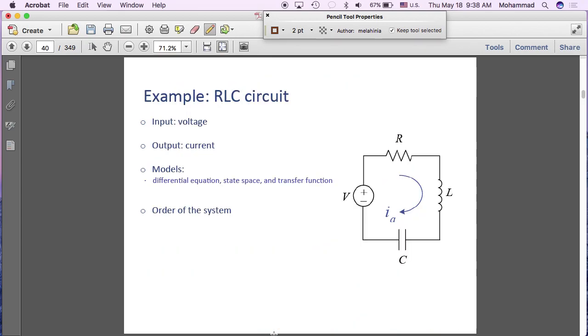So this is your next example. Go ahead and find a model for this system, please.